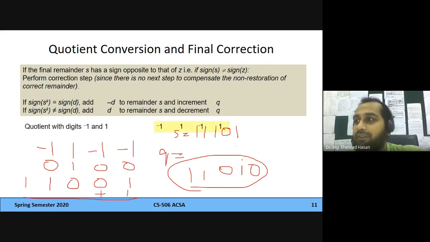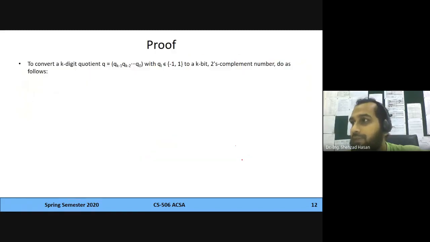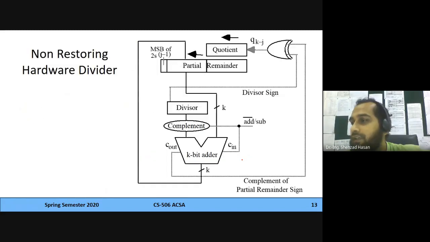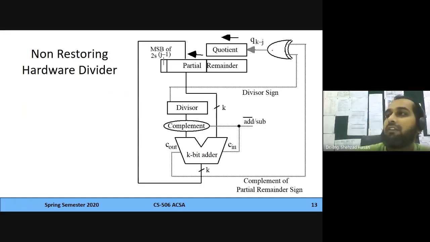So what we can do is just continue with the hardware divider of this, and you can see over here the change from the previous case is we have, instead of an OR gate, an XOR gate, which is determining the quotient bits. I'll again leave that as an exercise for you to do.